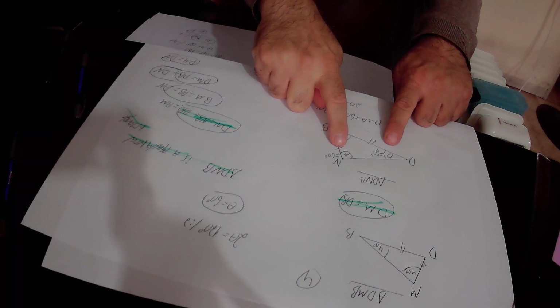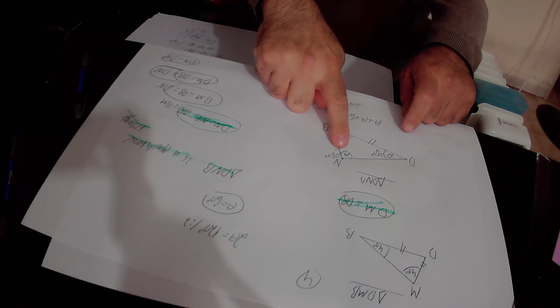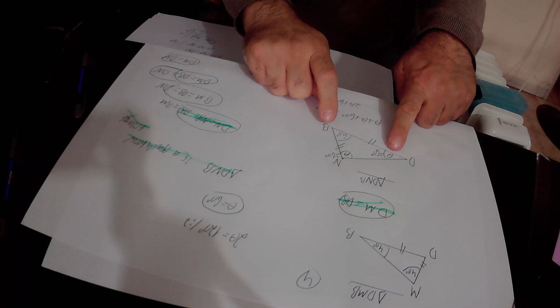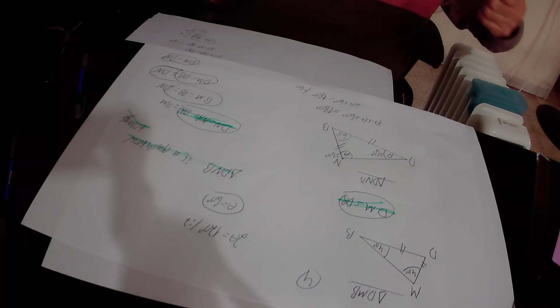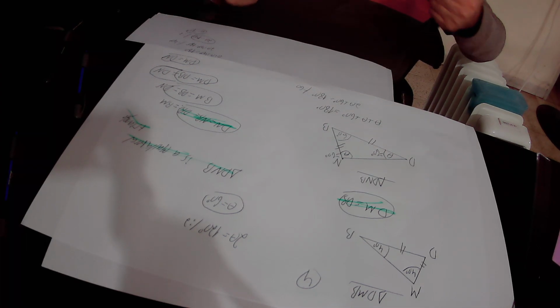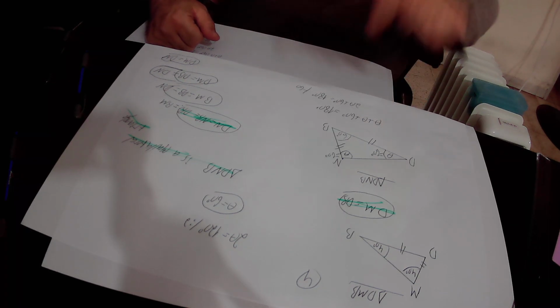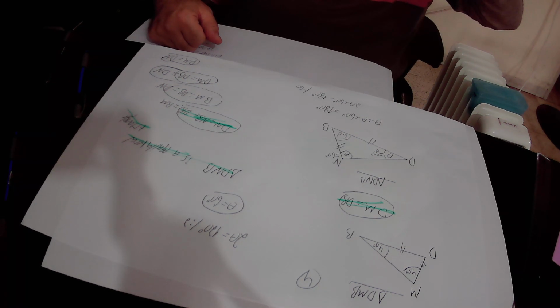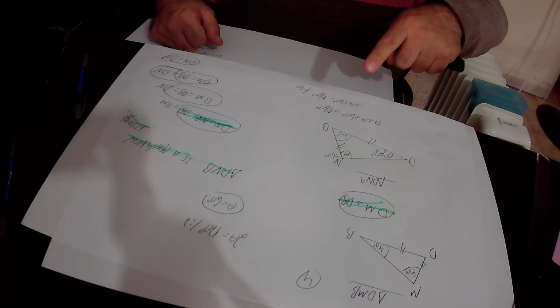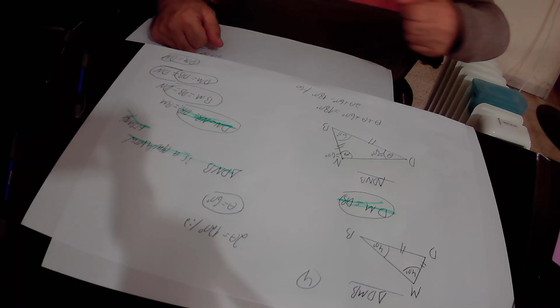So those two angles located in front of equal sides must be equal to each other. So if one angle is theta, then the other angle is also theta. And we have the rule that the sum of the angles in any triangle is equal to 180 degrees. That is to say, theta plus theta plus 60 degrees in triangle DNB must be equal to 180 degrees. So 2 theta plus 60 degrees equals 180 degrees.